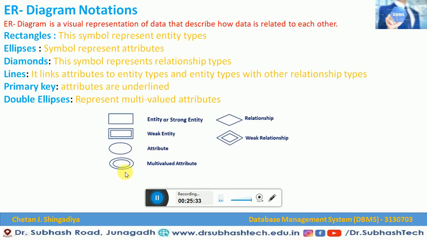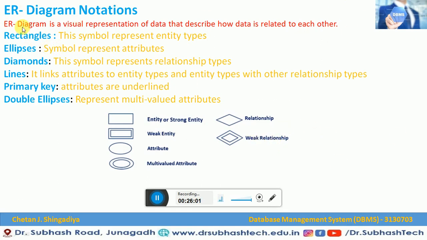Then we have a diamond. Here there is a single diamond, which represents the relationship types. Then lines link attributes to entity types and to relationship types. Primary key attributes are underlined. A double ellipse represents multi-valued attributes, and double diamonds represent the weak entity relationship.